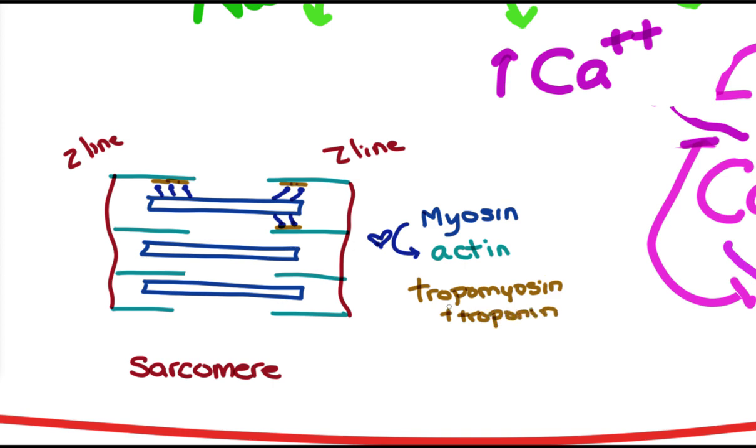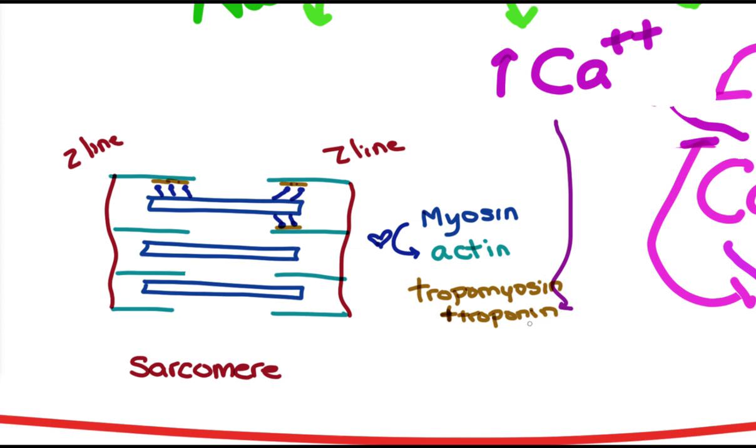Now, when calcium is low in the sarcoplasm, this is the setup. No contraction is happening because there's no calcium. But once calcium comes in, it's actually going to bind to that molecule, troponin. Troponin is going to move out of the way because once it binds to calcium, a positively charged ion, it's going to change its shape.